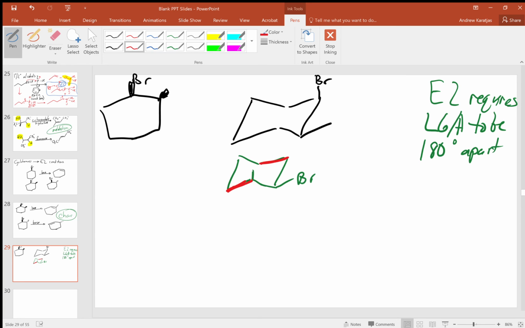Well, it's these two carbon-carbon bonds. So there's no hydrogen that's 180 degrees apart. So in order for an elimination to take place in a cyclohexane ring, the leaving group has to be axial. Well, if that bromine is axial, this hydrogen down here is axial, and these two groups are 180 degrees apart, and we can get the elimination to take place.